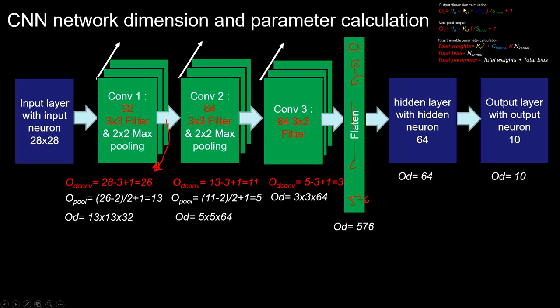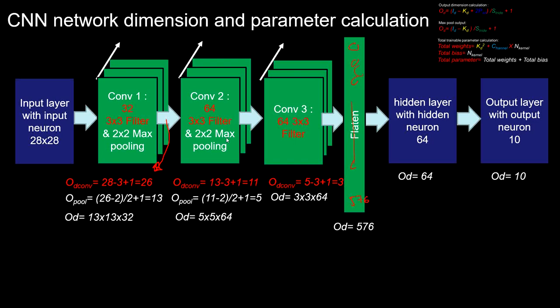Once you know this, you can easily determine the expected output dimension for every layer where you perform the convolution process. This is quite simple because we don't have any stride and padding, but you need to remember we can put stride and padding in every convolution layer. You just need to plug them into the formula to know the expected output dimension.